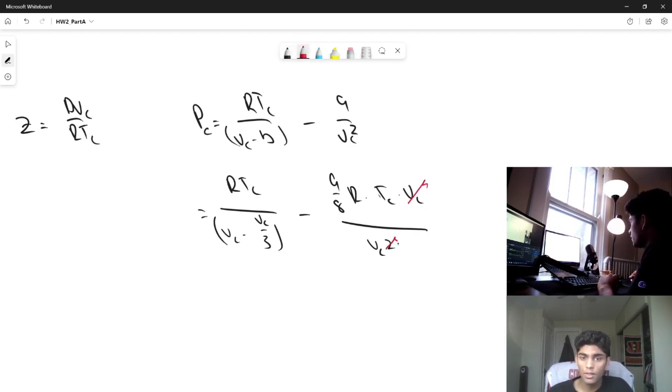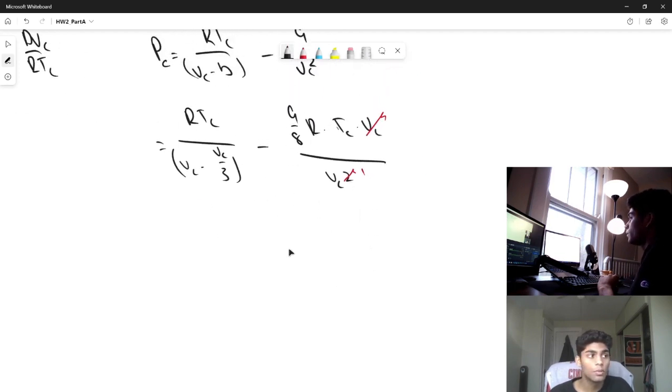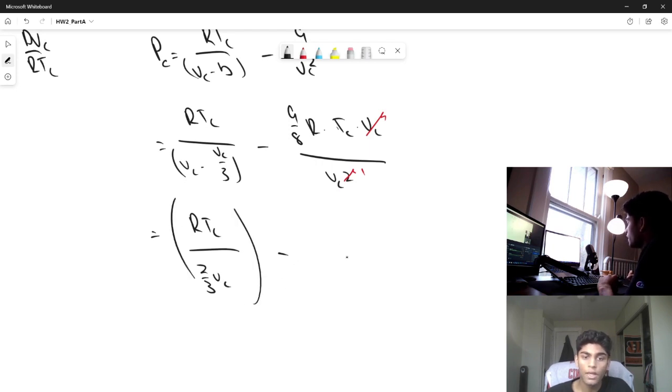VC is going to cancel out, the numerator is going to have 1. That is going to be equal to RTC over 2/3 VC minus 9/8 RTC over VC.